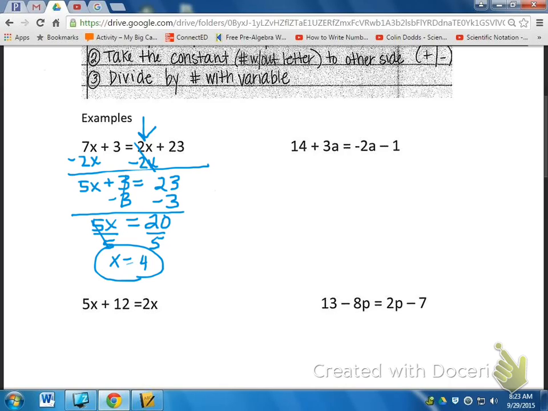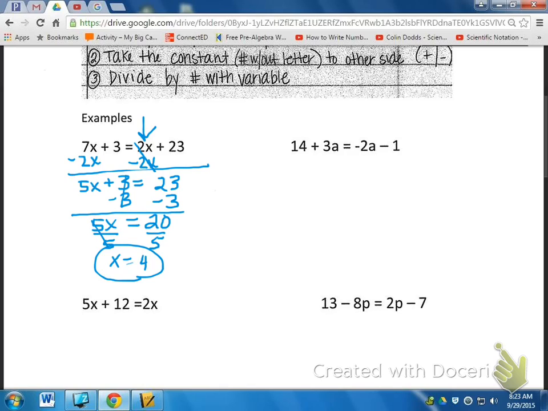Okay, that's kind of your basic standard problem. But then there's all different kinds of things that make it a little different. This next one, 14 plus 3a equals negative 2a minus 1, is kind of a standard problem. Would anybody like to try to do it? Okay, Trayton, out of your 3a and negative 2a, which is the smallest?